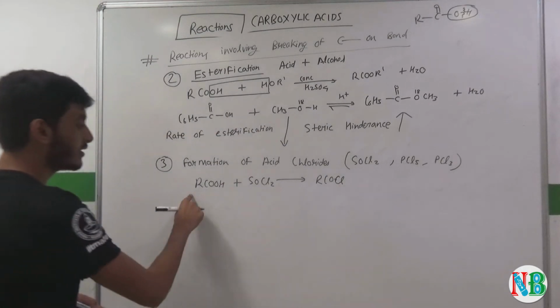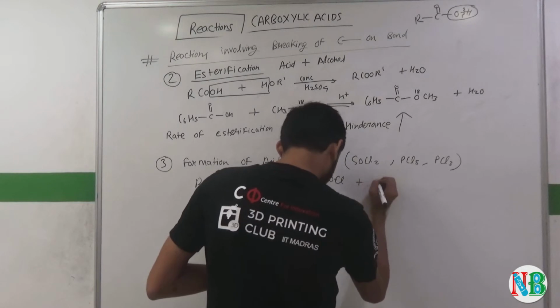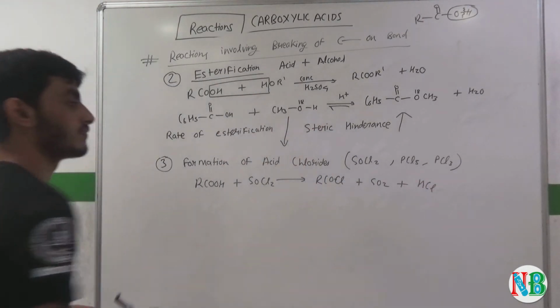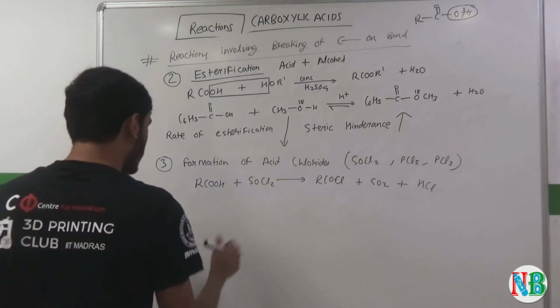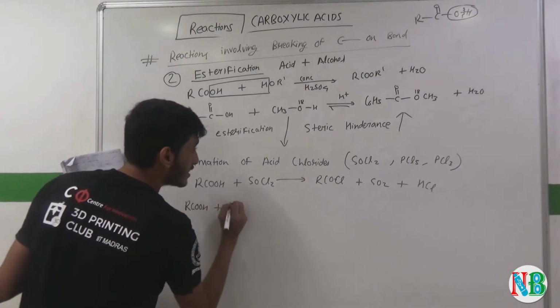It forms RCOCl, it forms SO2 and one molecule of HCl. Now I will give you a trick to remember the next reaction, which is RCOOH plus PCl5.